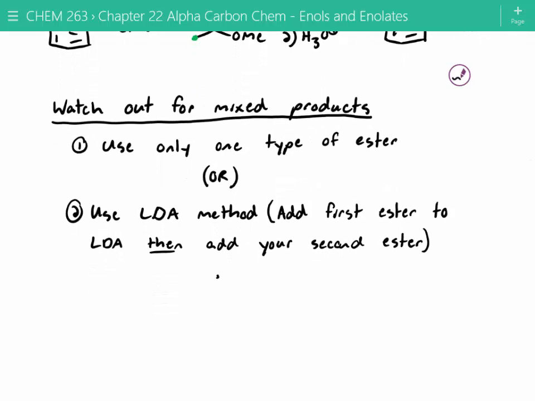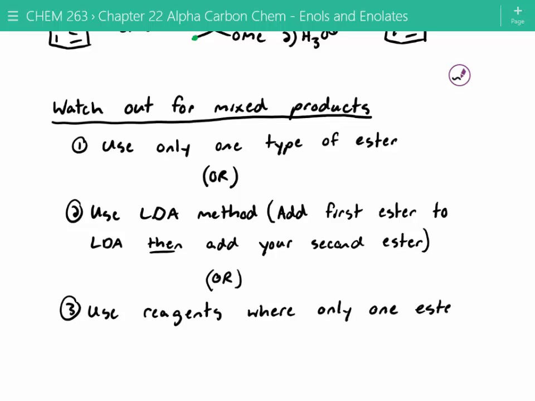Or we can use a method like we saw above, where we're careful to only have one reagent with alpha protons. So these are all ways to avoid mixed products for not only Claisen condensations, but aldol condensations as well.